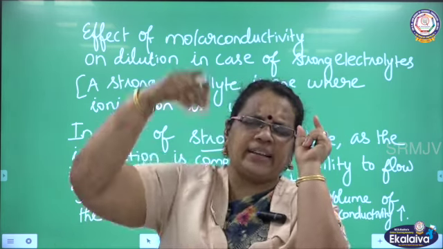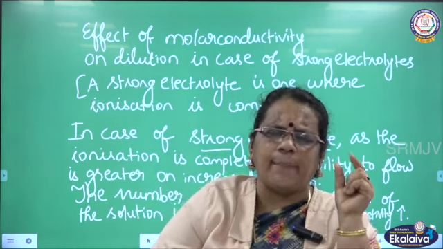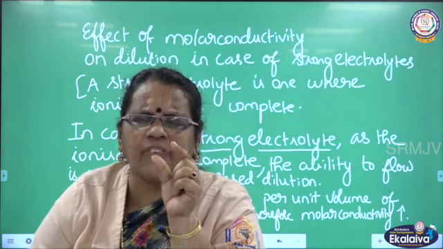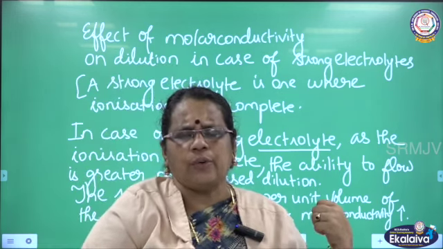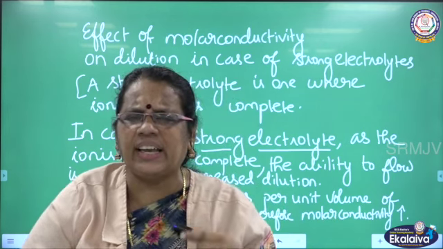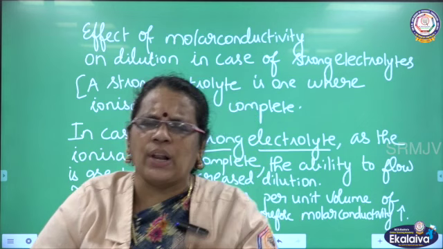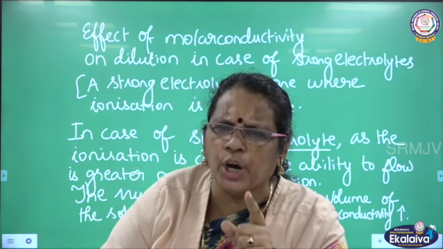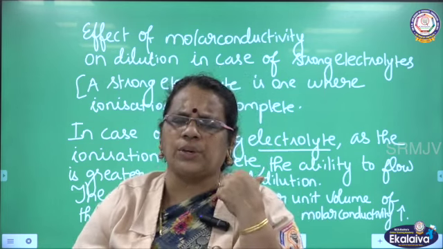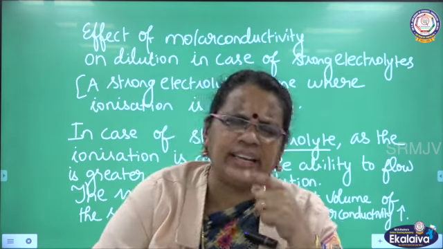When you dilute the solution, the concentration of ions per unit volume increases. Therefore, molar conductivity increases on dilution because the number of ions per unit volume of the solution is increased.